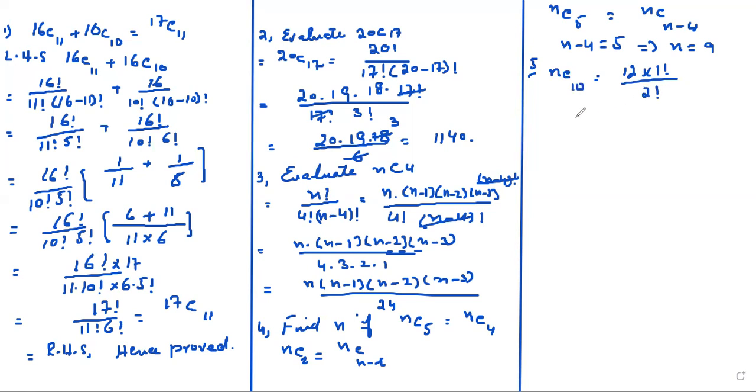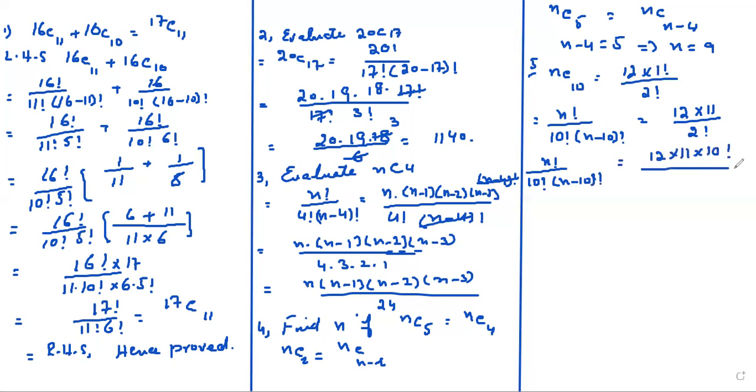Right, so we can write n factorial divided by 10 factorial and n minus 10 factorial equals 12 times 11 divided by 2 factorial. Because this is 10 here, we just multiply and divide by 10 factorial on the right hand side. On the left hand side, we have n factorial divided by 10 factorial and n minus 10 factorial. On the right hand side, we have 12 times 11 times 10 factorial divided by 2 factorial and 10 factorial.